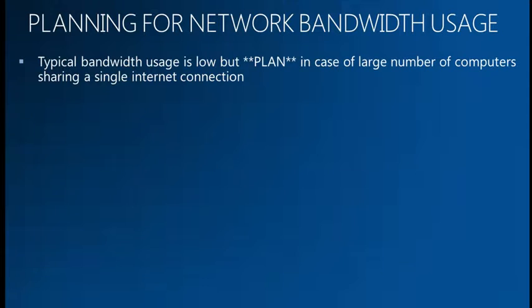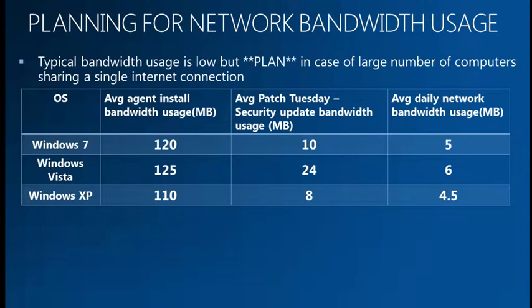But outside of that, the requirements are close to around 5 to 5.5 megs, depending on the kind of operating system you're running, whether it's Windows 7, Vista, or XP. So it's 5 megs, and most of the daily bandwidth needs are because of the endpoint definition updates that we download thrice a week on a daily basis.